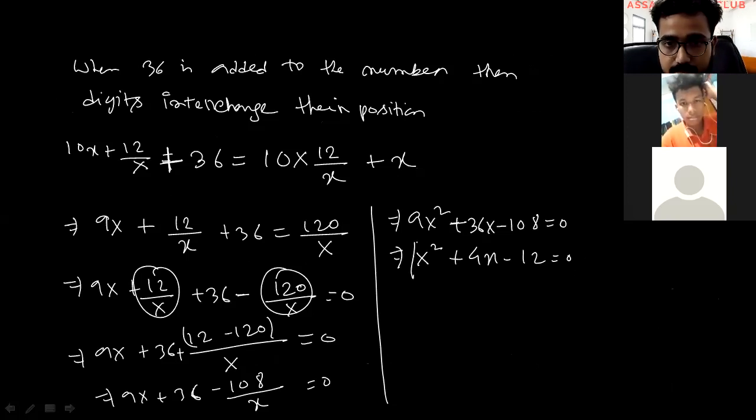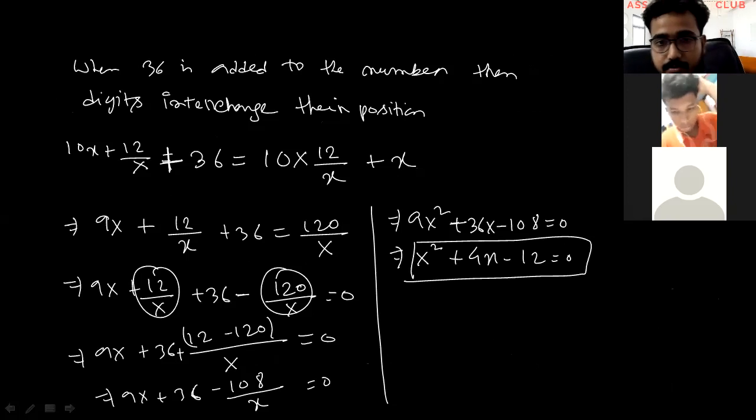So this will be the answer. The required quadratic equation will be x square plus 4x minus 12. But if the question asks to find the roots of the quadratic equation, then you have to solve for x. But here you do not need to find the value of x. You just have to form the equation.